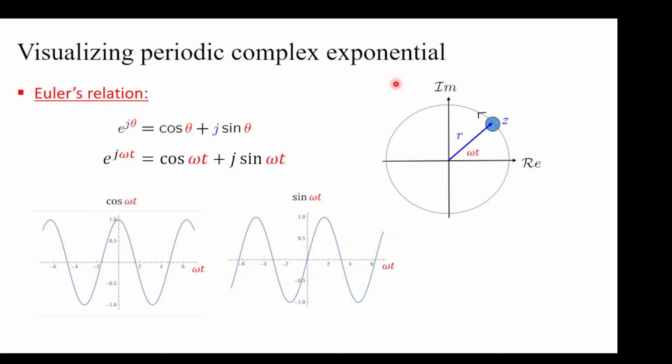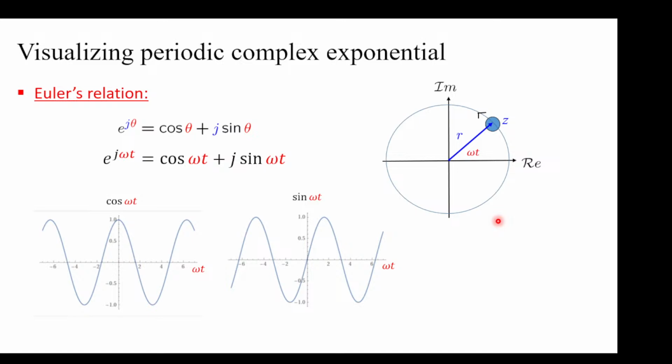Your e to the j omega t will be running on a circle on this complex plane. Omega t goes from 0, to pi over 2, to pi, to 3 pi over 2, and 2 pi. This is how it's periodic on the complex plane. This e to the j omega t just keeps going around the circle.